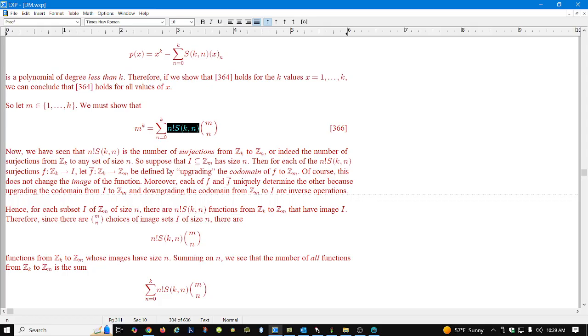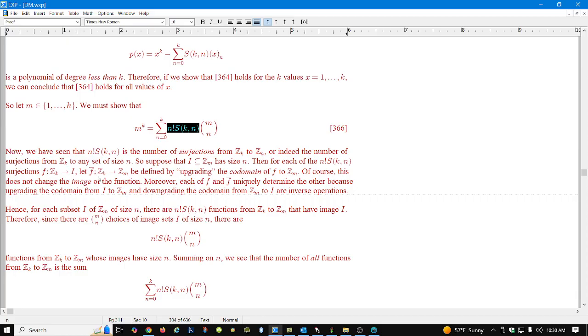You can always reverse the process and think of the function as having a smaller codomain. As long as the codomain contains the image, you're not doing very much to the function. So I call this f bar here.